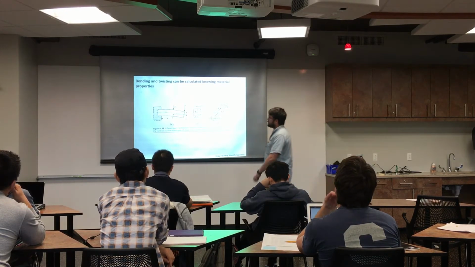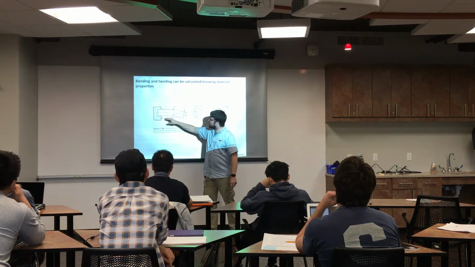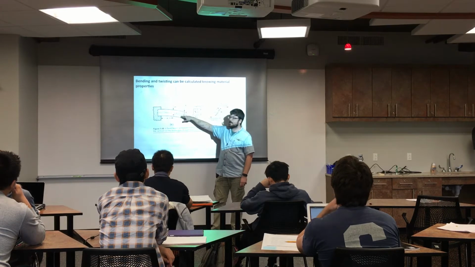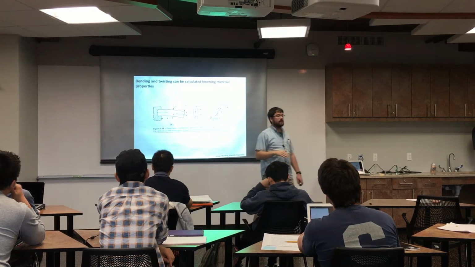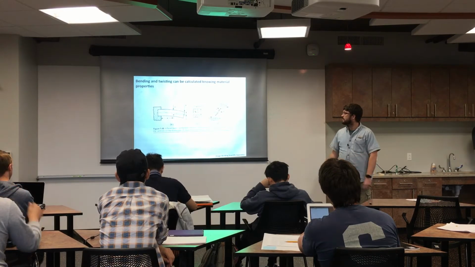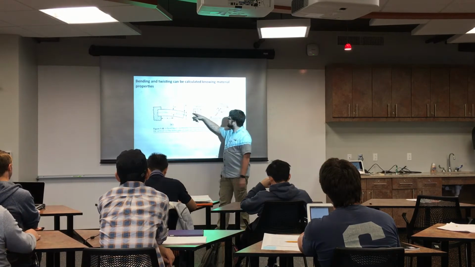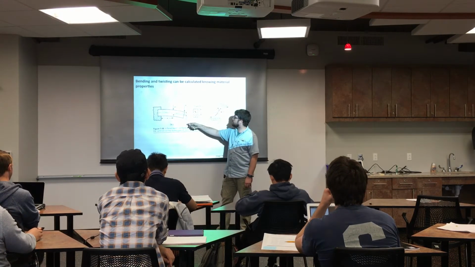But the idea is try to simplify the system as much as you can. Maybe consider it just a beam that's fixed at one end and you're loading it, and calculate how much deflection you're going to get. Is that acceptable? Is there going to be too much strain? Are you going to go into an inelastic realm? And so, for example, on this beam, you can see here's an in shot, so it's a rectangular beam.